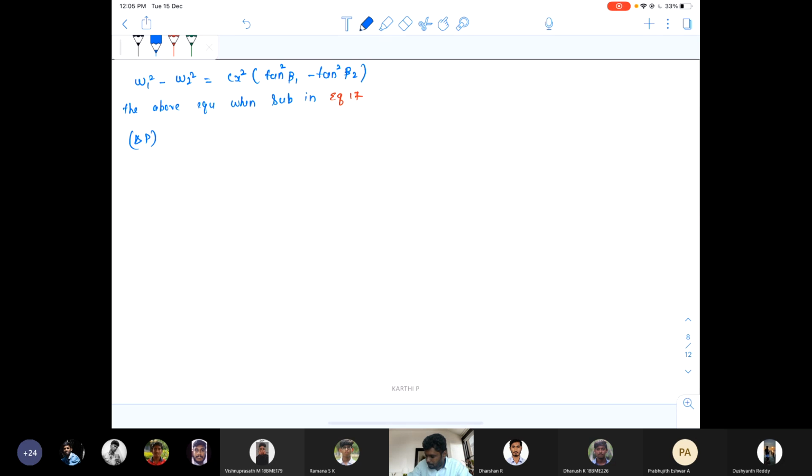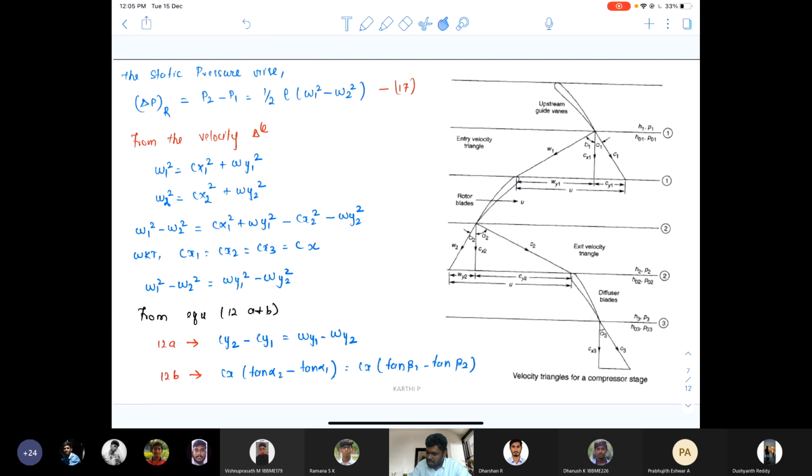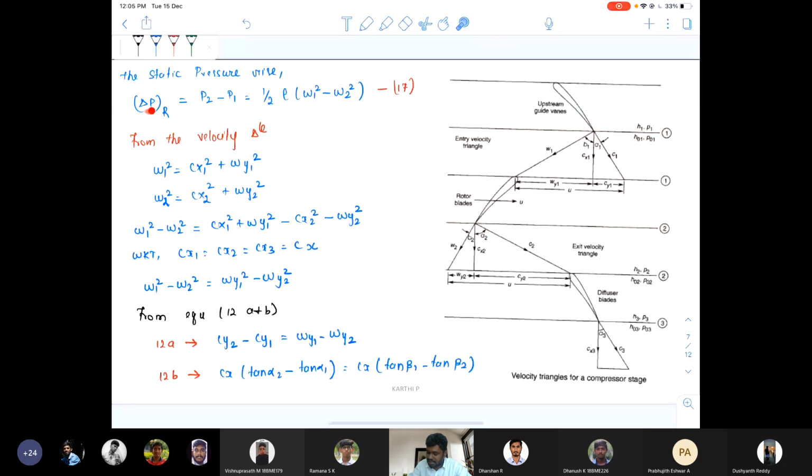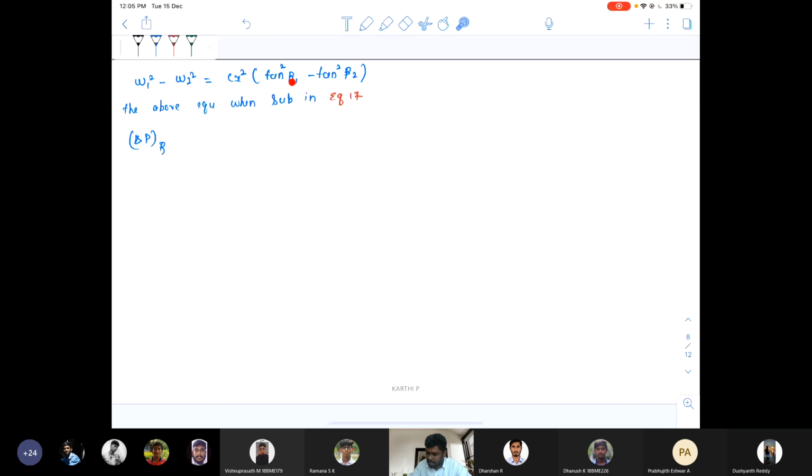delta P of R. This is equation number 17, which states that the static pressure rise in the rotor is equal to P2 minus P1, which is equal to half rho into W1 square minus W2 square. We are replacing this W1 square minus W2 square by this equation.